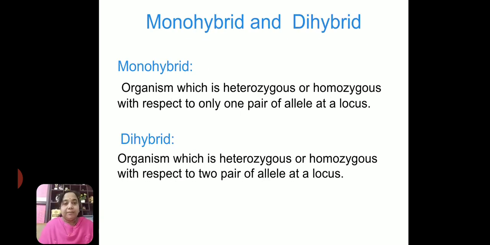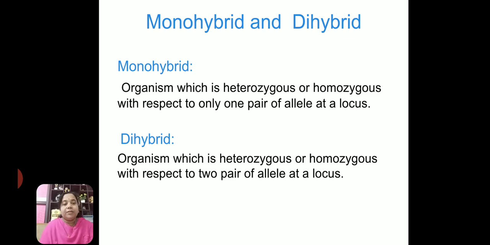Another two terms you have to study are monohybrid and dihybrid. So what is monohybrid? Hybrid is a combination of two organisms. So monohybrid means an organism which is either heterozygous or homozygous with respect to only one pair of alleles.